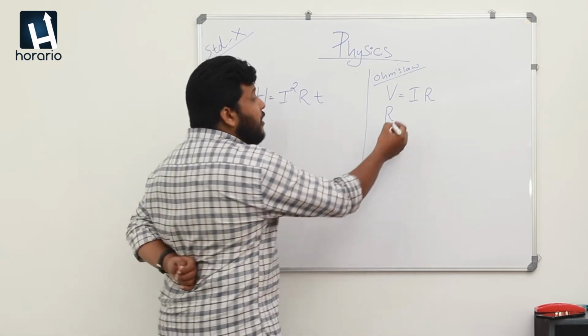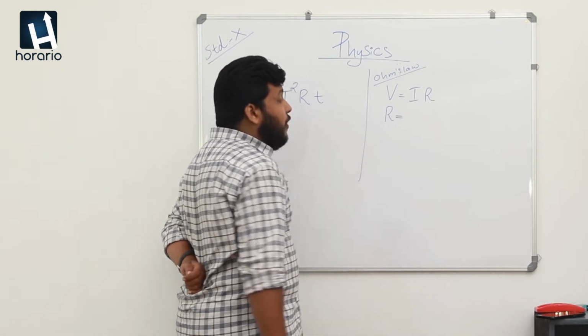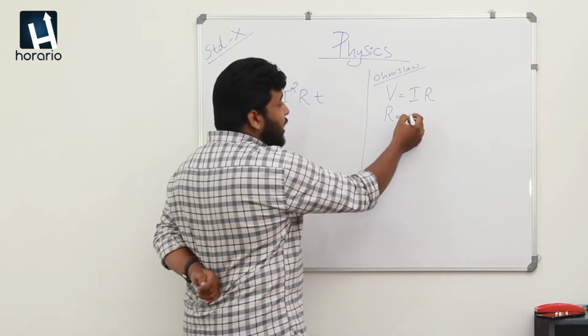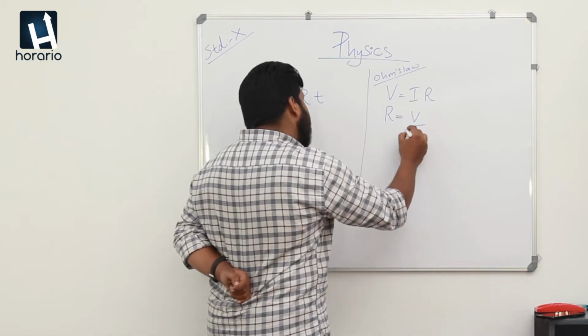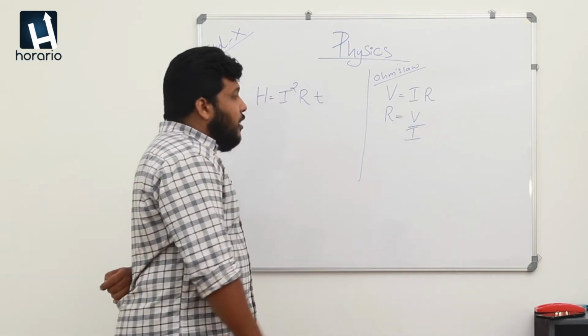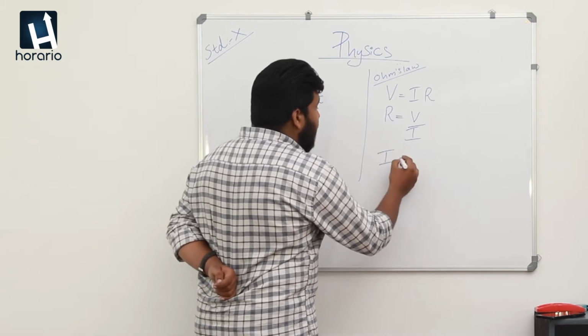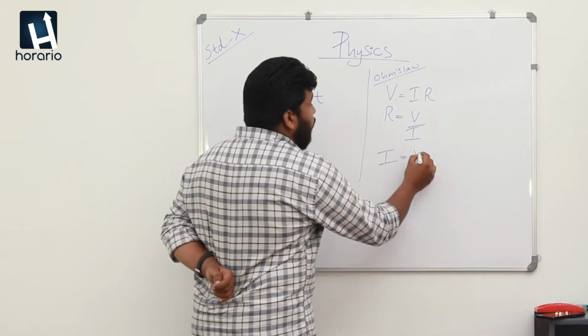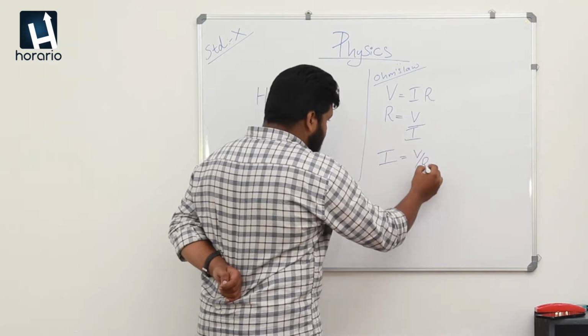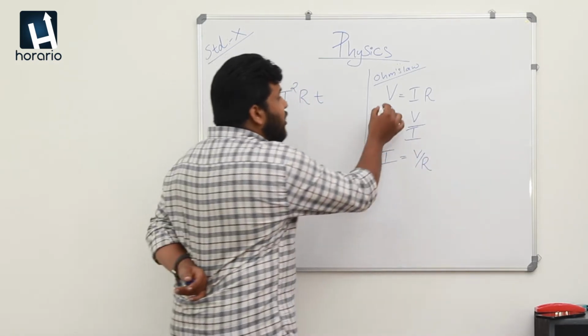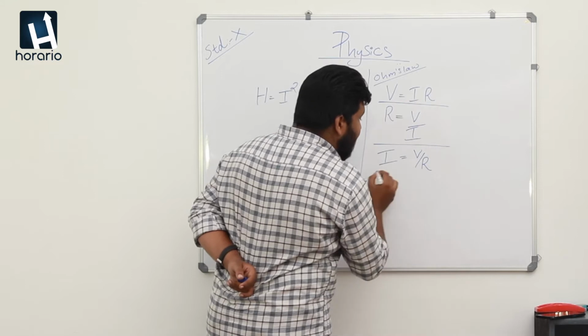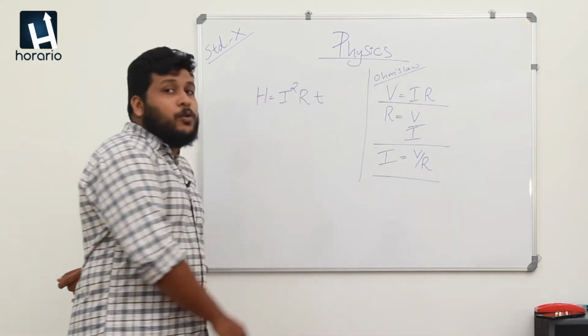We can write an equation for finding resistance R, that will be V by I. And another equation, I can be written as V by R. So these 3 relations are derived from Ohm's law.